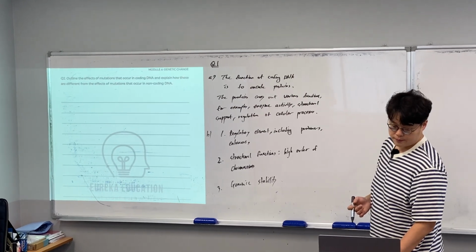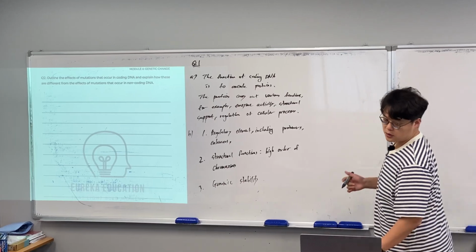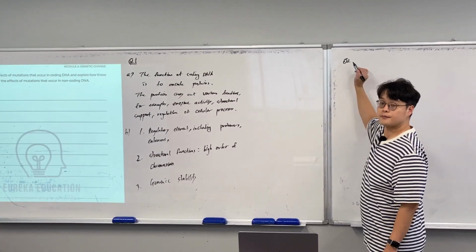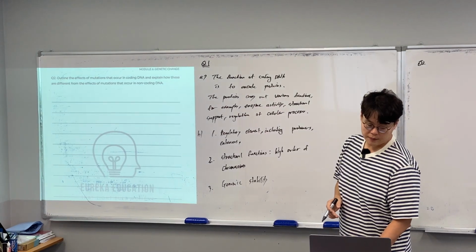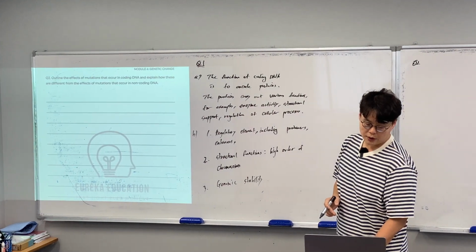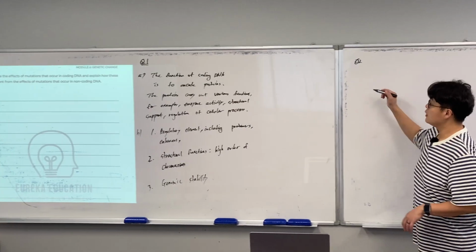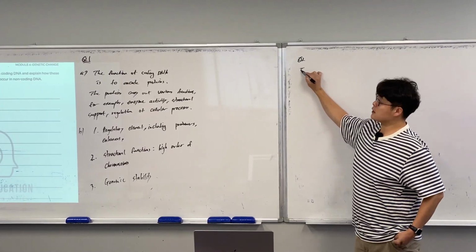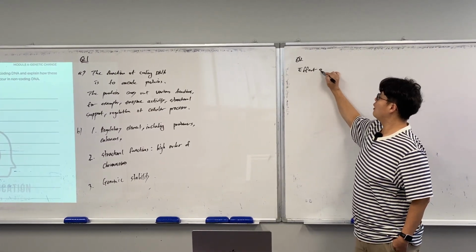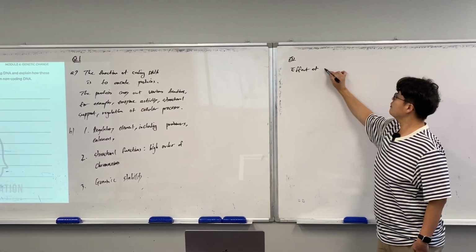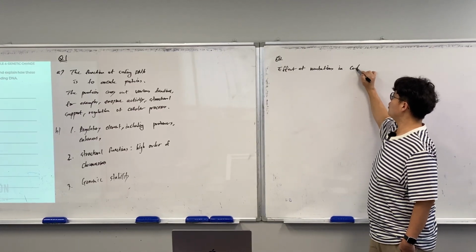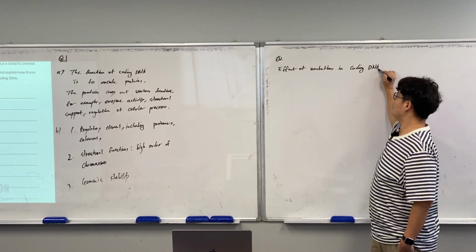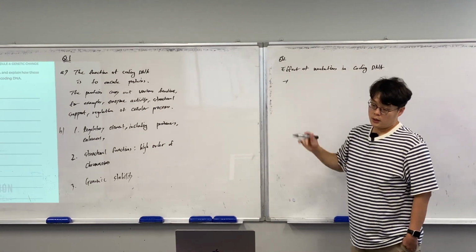Question 2. Outline the effect of the mutations that occur in coding DNA and explain how these are different from the effect of mutations that occur in non-coding sections. So let's summarize the effect of mutations in the coding DNA. First of all, there are a lot of those.